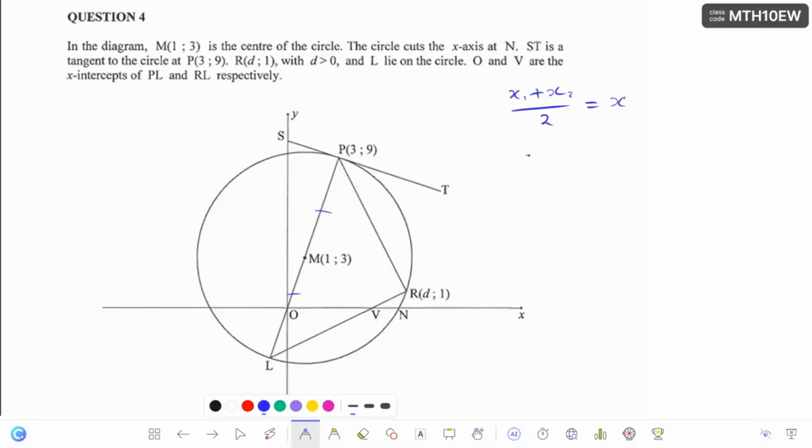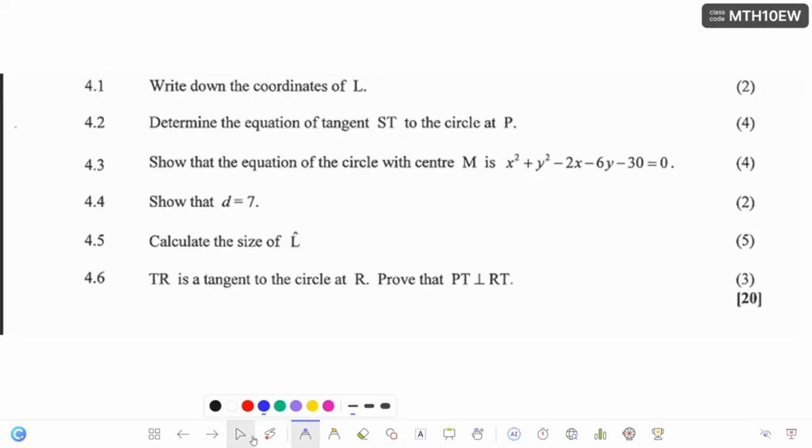Then y1 plus y2 divided by 2, this is going to be your y midpoint. Since in this question we're given the midpoint, x is 1 and y is 3. So that's how we are going to solve this question.